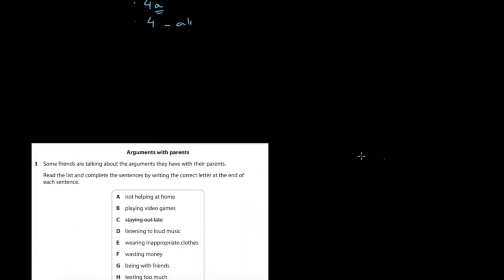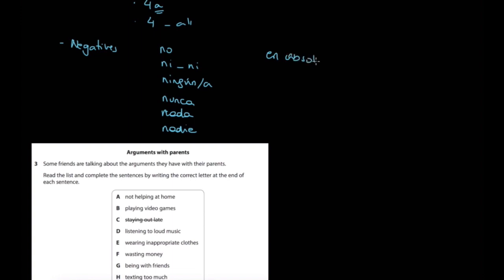And then the last thing I wanted to mention was pay super attention to negatives and distractors in general, but especially negatives. Words like no, ni, neither nor, ningún or ninguna, none, nunca, never, nada, nothing, nadie, nobody, en absoluto, not at all.